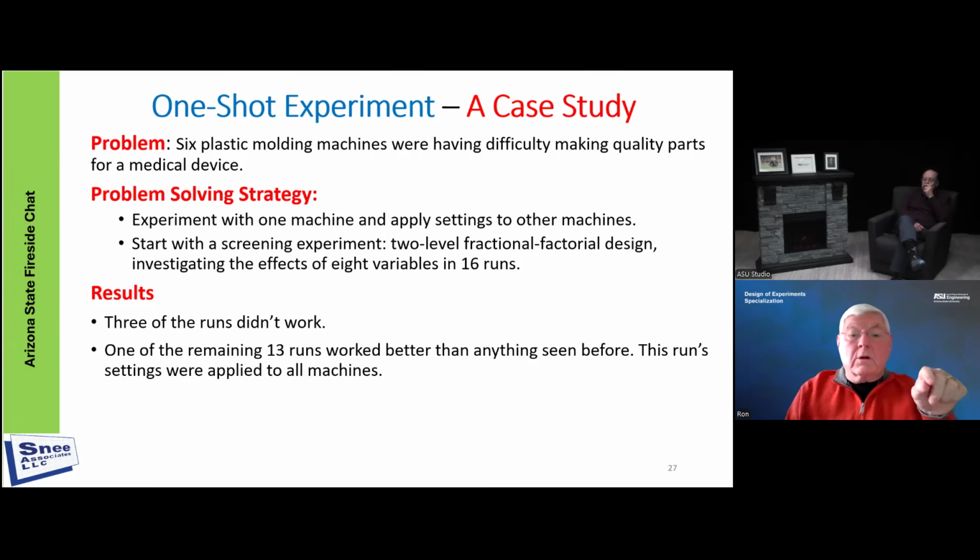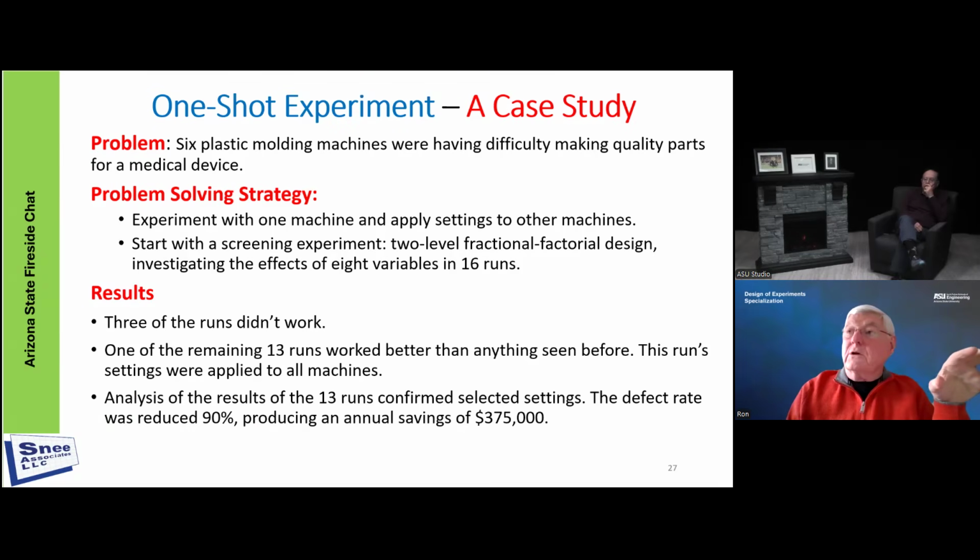So this setting was applied to all the machines, and they were off and running. We still did the analysis of the 13 runs and confirmed those settings, and the defect rate was reduced by 90%, with annual savings of $375,000, and I'll tell you, that was a long time ago. That was when a dollar was worth something.